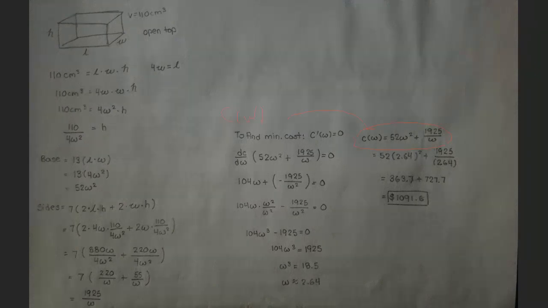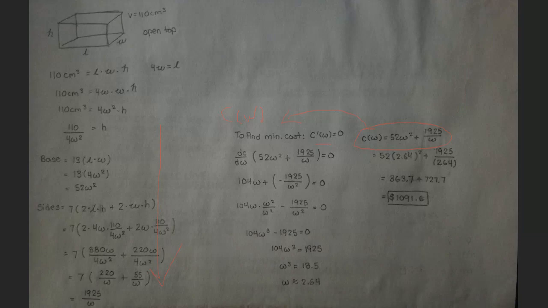Maybe you wrote it here, because I was getting confused. You were saying to find the C prime of W, and I said, where's the C prime of W? Where's the C of W? So then I see you have C of W here, right? Yes. Okay, all right.